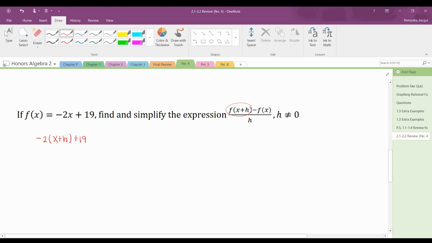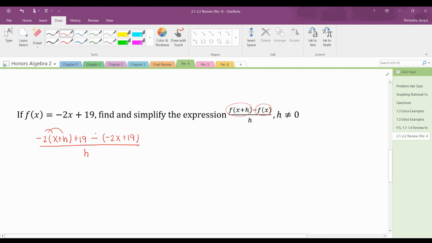So here is that first part of the definition. Then I want to subtract just the function f of x. Well, that is what is given to us. So in parentheses, I am going to be subtracting -2x plus 19. And then this whole thing is all over h. Now if I start simplifying, I want to get rid of the parentheses in the numerator.